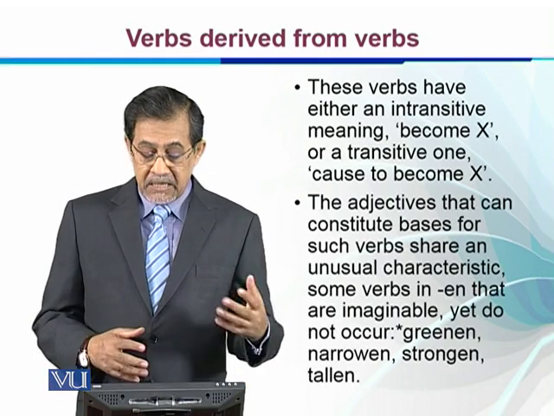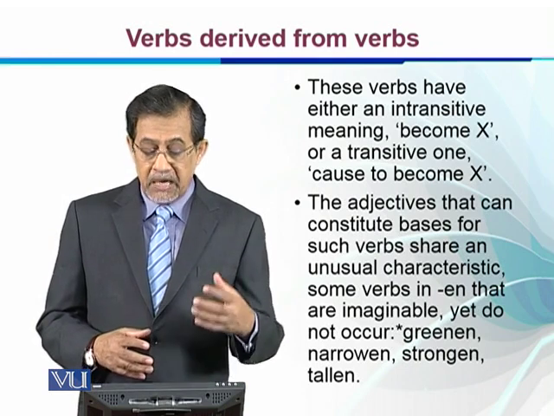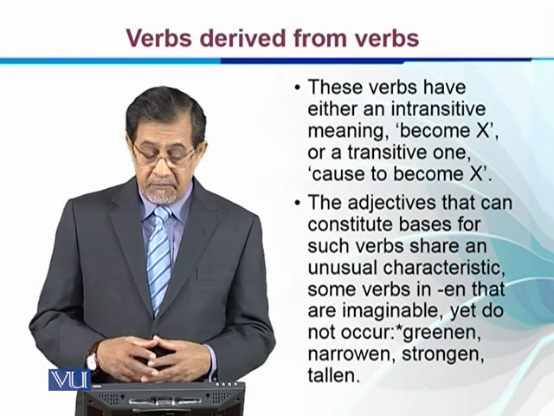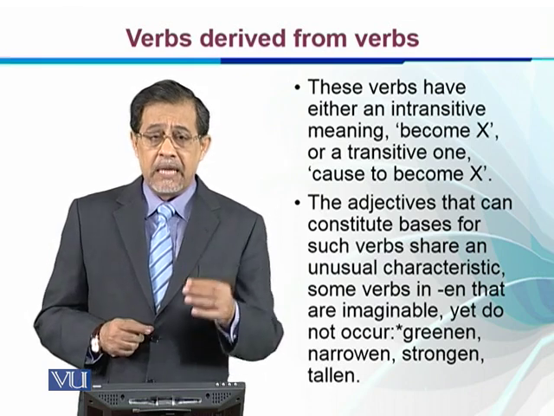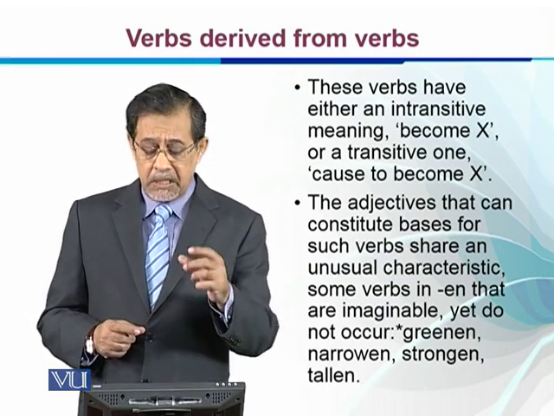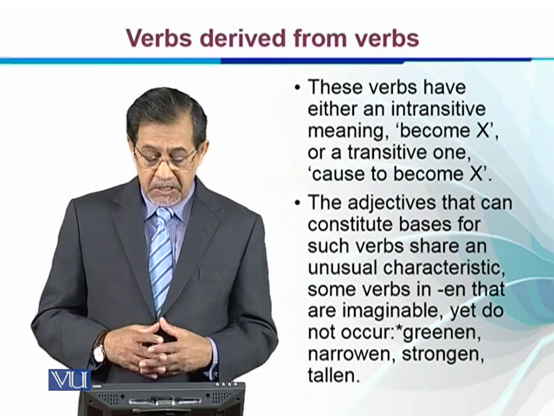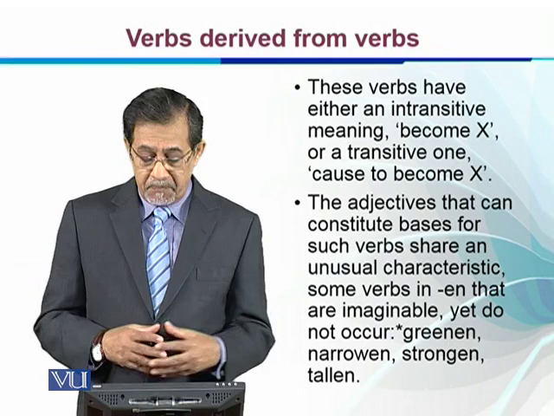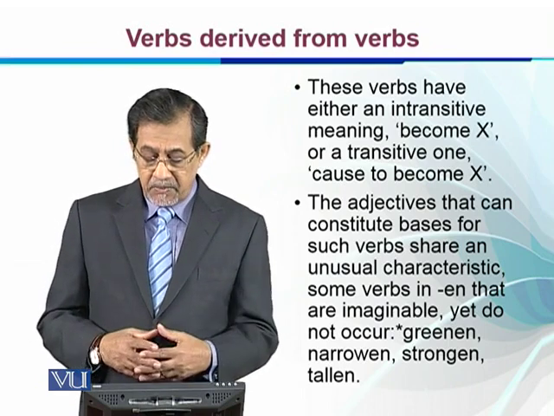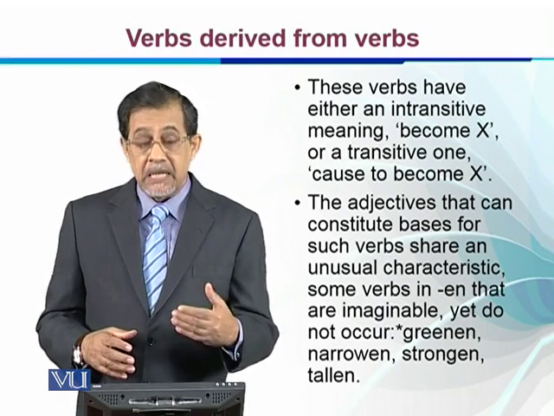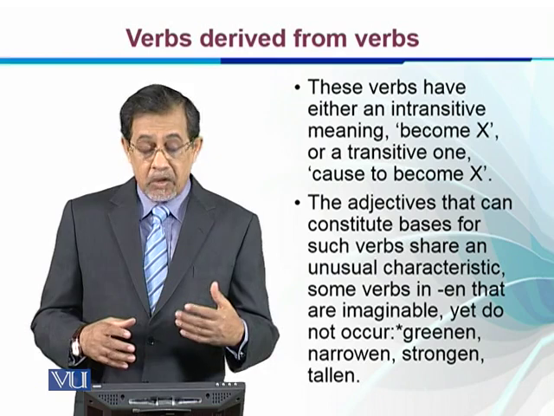The adjectives that can constitute a basis for such verbs share an unusual characteristic. For example, while making verbs, we use certain adjectives. So these adjectives have certain special characteristics. For example, if we add en, forms that are imaginable yet do not occur: green, greenen, or narrowen, or strongen, or tallen.